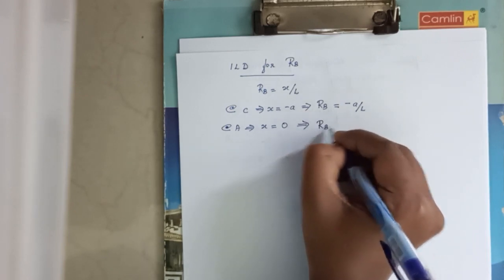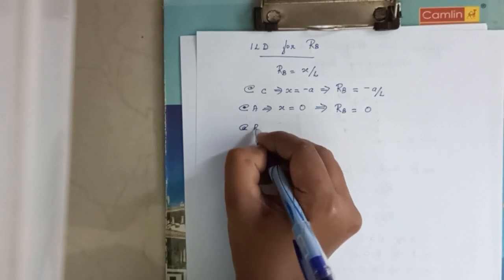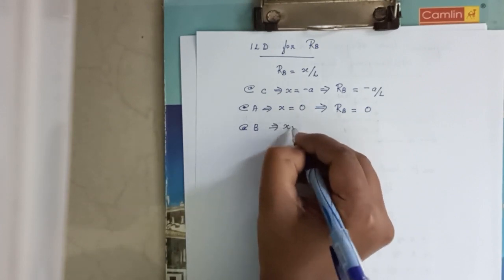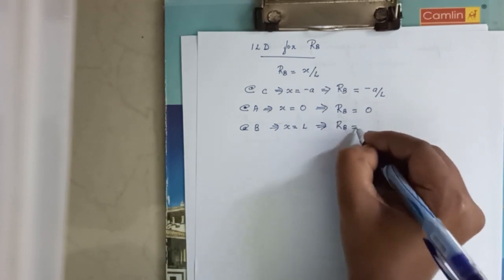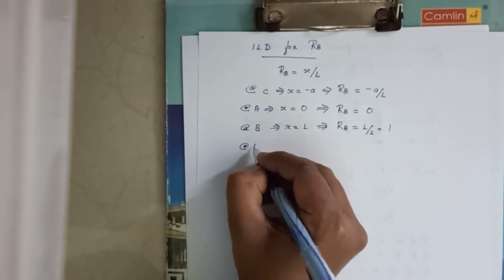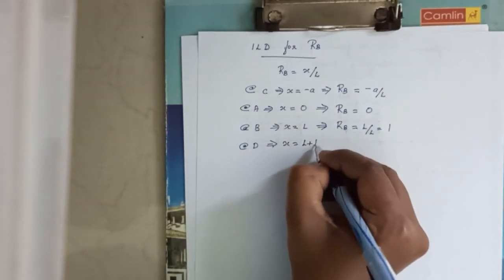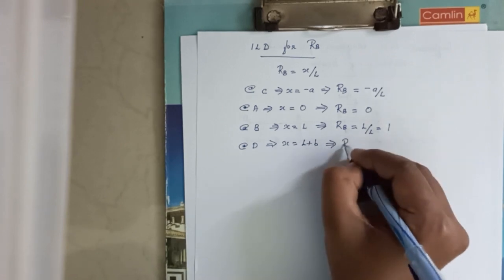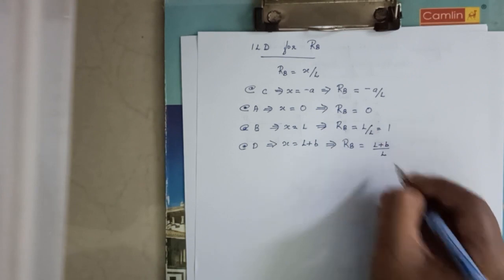Therefore, RB value is equal to 0. At B, x is equal to L. Therefore, RB is equal to L by L, which is equal to 1. At D, x is equal to L plus b. Therefore, RB value will be equal to L plus b by L.